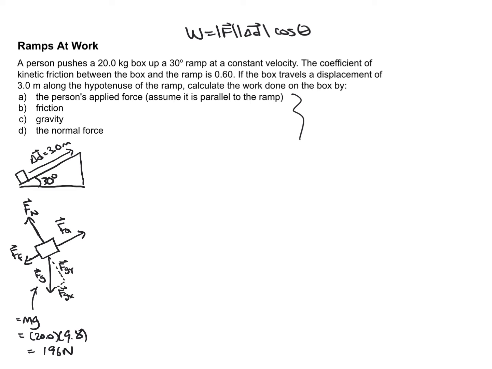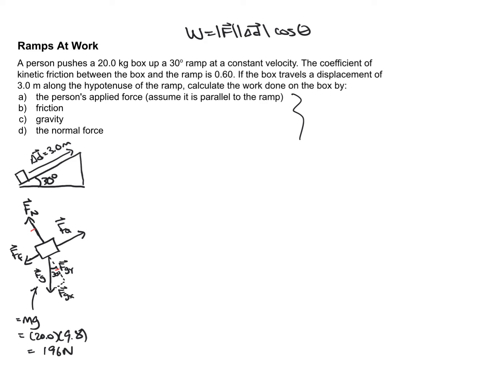I'll also label these angles here. Forgot about that. It's a 30-degree ramp. So in my free body diagram, my 30 degrees goes in that small triangle there. A little hard to see. Okay, the normal force. I know that the normal force has to be balanced with Fgy.